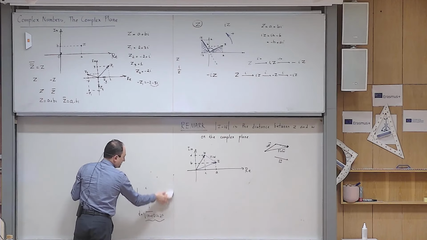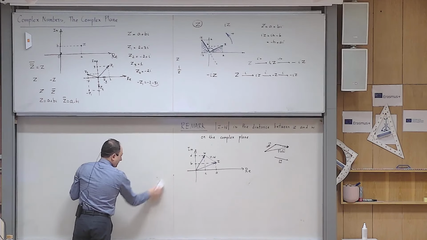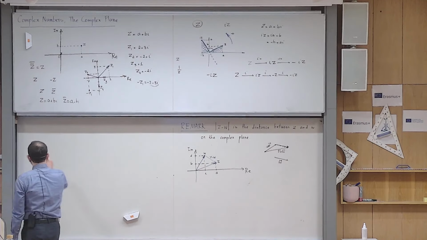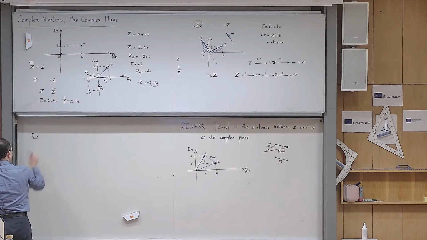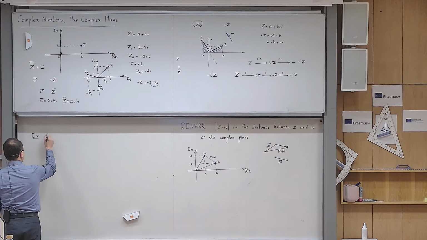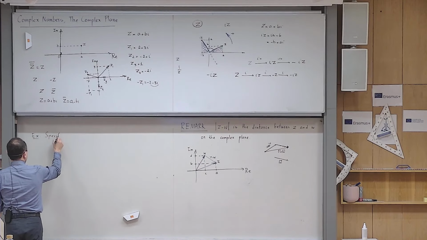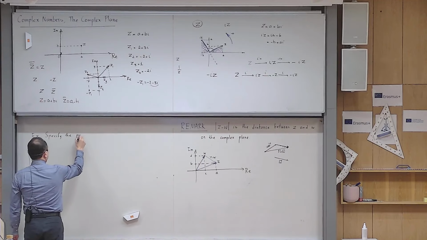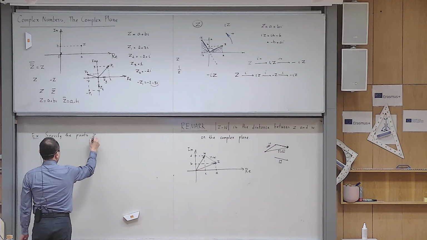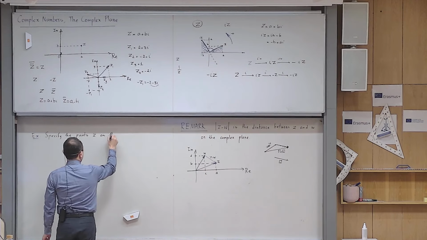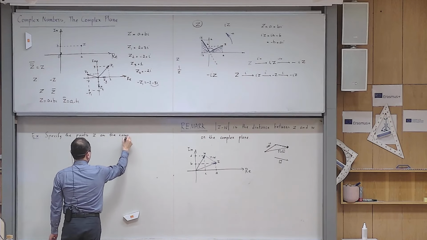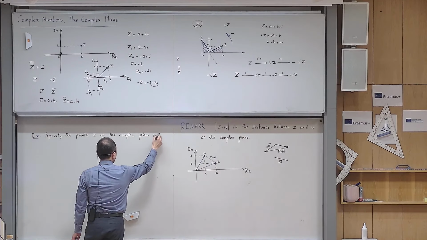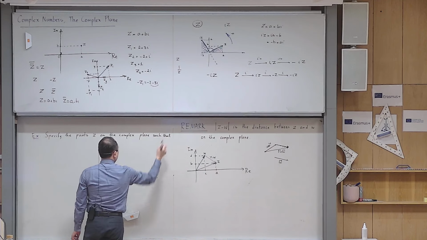So one question is, so let me write it like this. Example: specify the points z on the complex plane such that, so I start with a simple one.